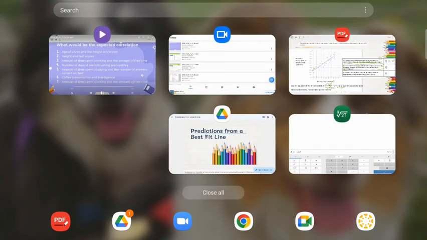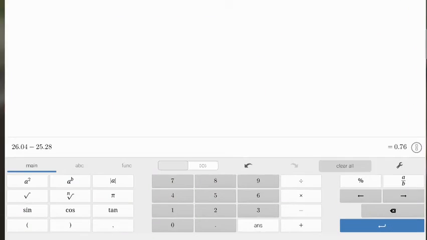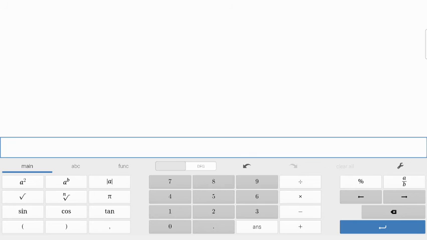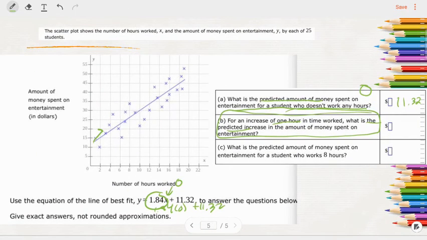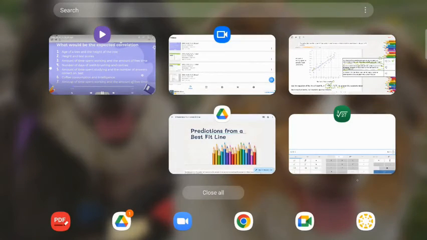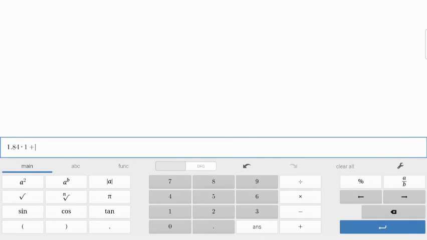If I plug in 1.84 times 1, plus 11.32, I get 13.16.